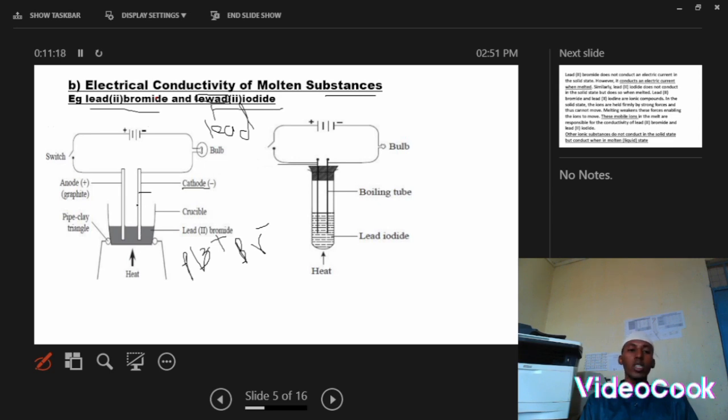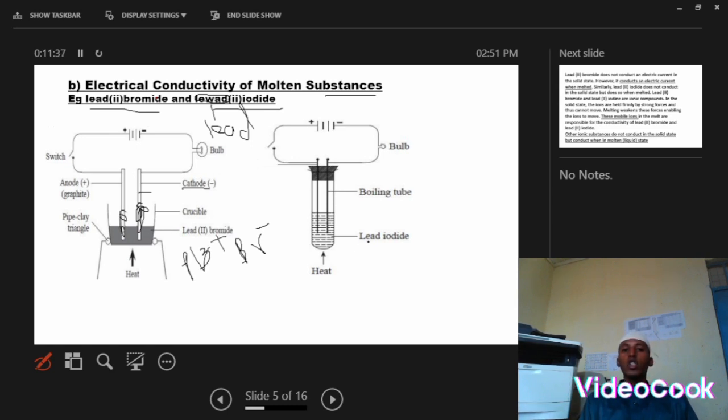At the cathode we see green beads of lead metal deposited. Bromide ions, since they are negatively charged, migrate toward the positive terminal. We know that positive and negative attract each other. So here now we see bromine gas.